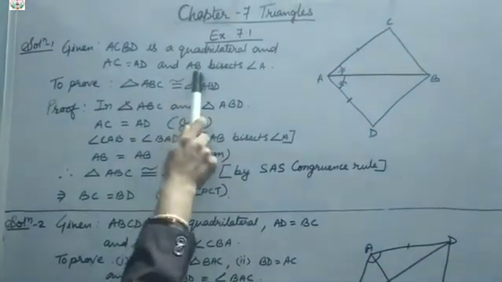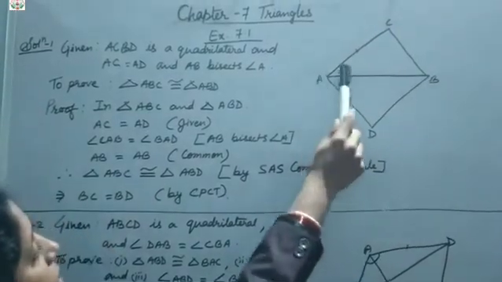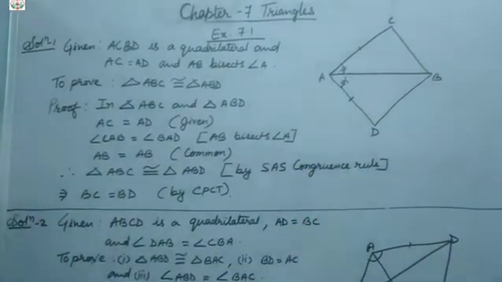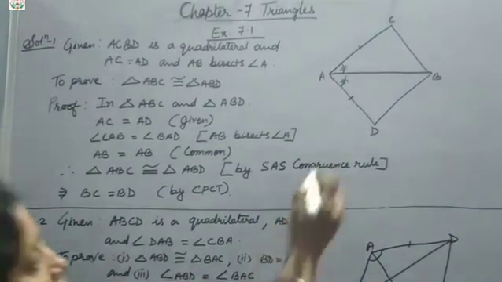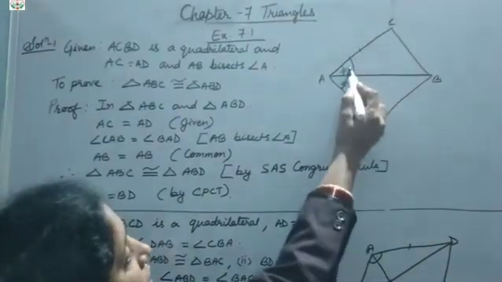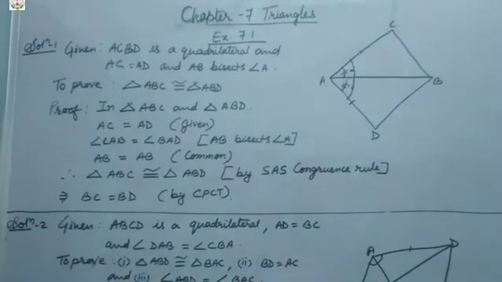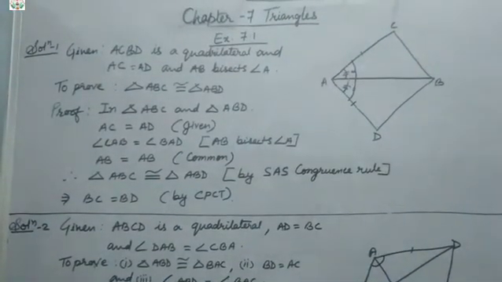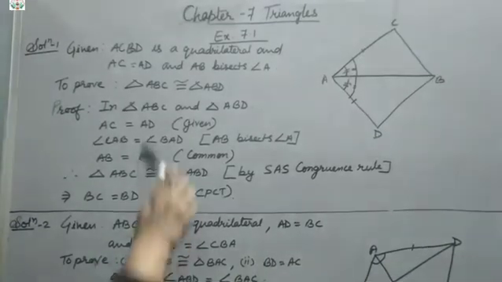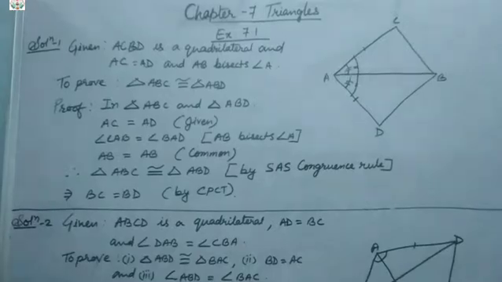And AB bisects angle A, means this line AB bisects this angle. Bisect means what? Equal halves. This whole angle is divided into equal halves by this line AB. That is why it is given that AB is the bisector of angle A, means AB bisects angle A into two equal halves.